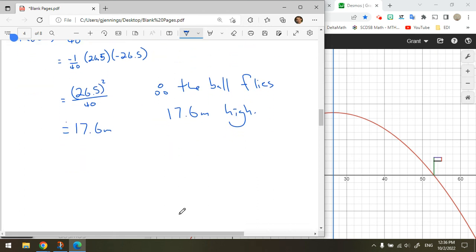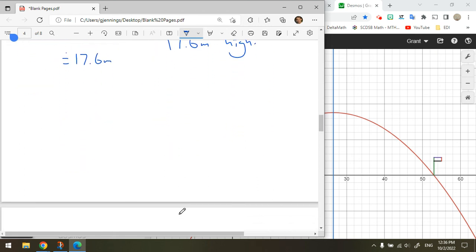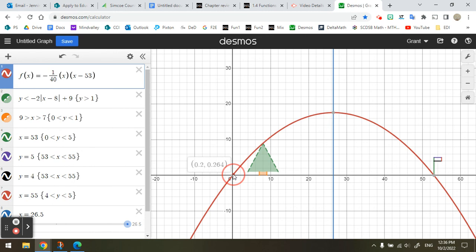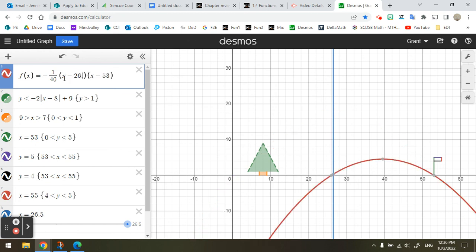The last problem that they ask us about with this is if we had not put the contact point, the ball hit, at the origin, if we had chosen a different point, would we have gotten another quadratic? And yes, absolutely. I'll show you another way we could have done it. We could have done it at minus 26.5 and plus 26.5.